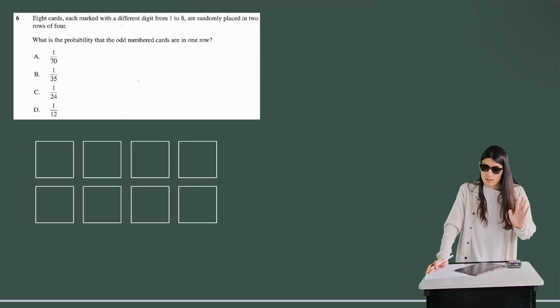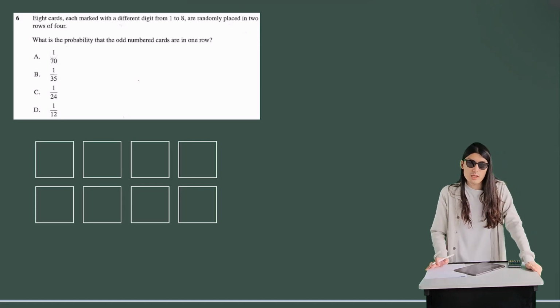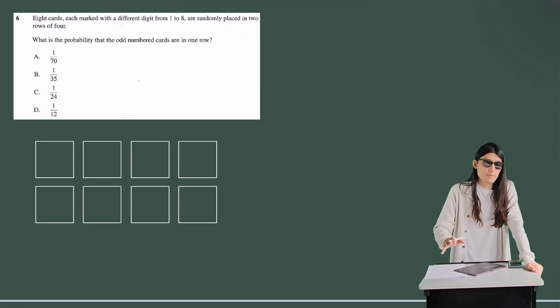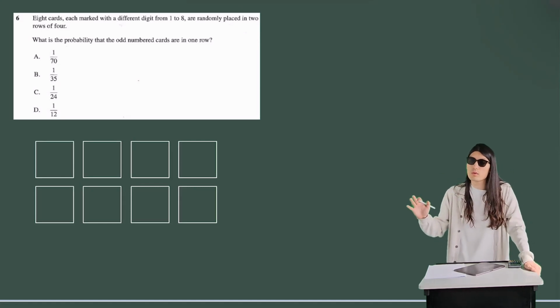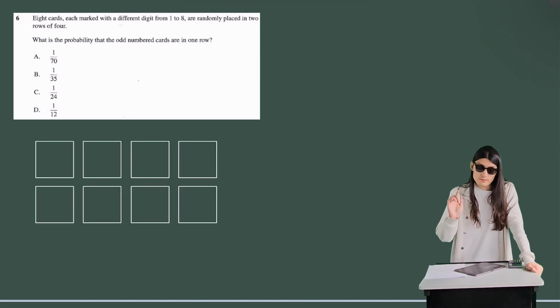Now that immediately opens up 2 cases to consider for us. What are the 2 cases? When all the odd numbers are in the top row and when all odd numbers are in the bottom row, doesn't it? Okay, so I'll begin by considering one of those cases, which is when all the odd numbers are in the top row.